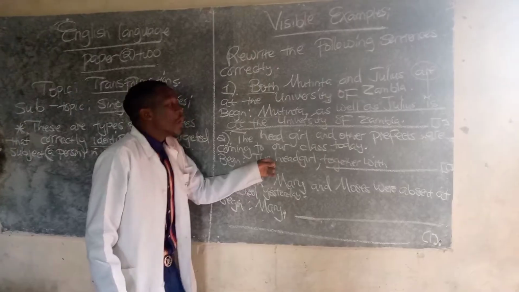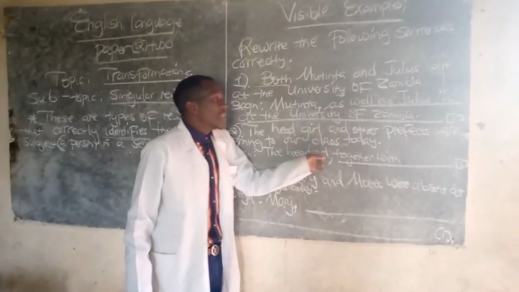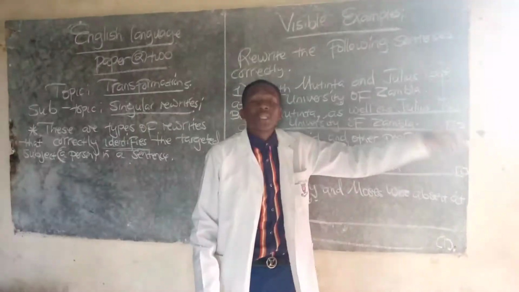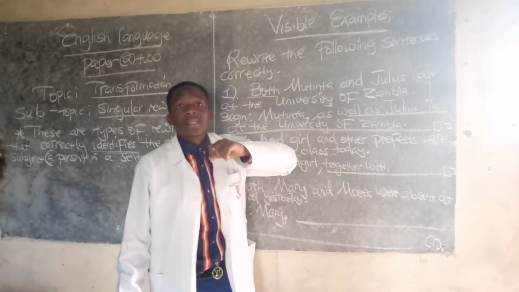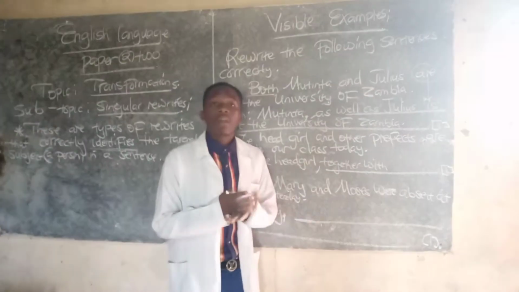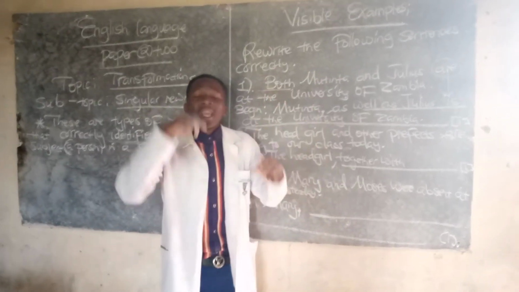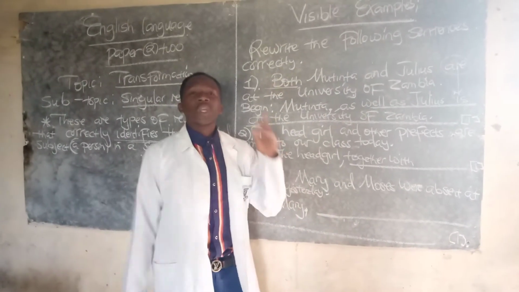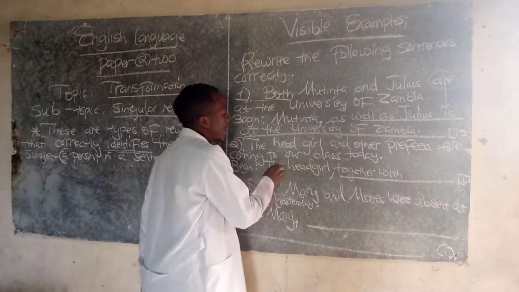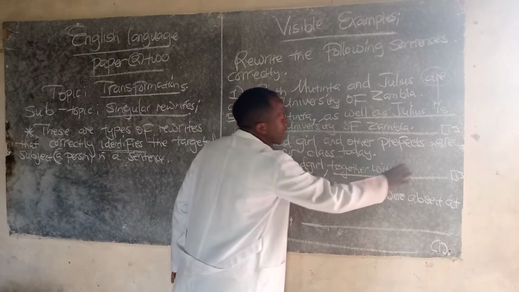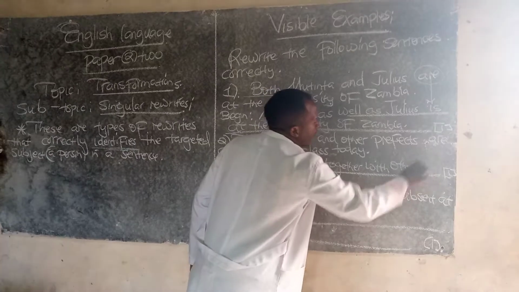But remember, you only said the head girl. So take note of the word, because it's supposed to change to "is", because these are singular rewrites, where in the first place you mentioned a set of certain names combined, but in the second place you are going only to focus on one. So head girl together with other prefects.